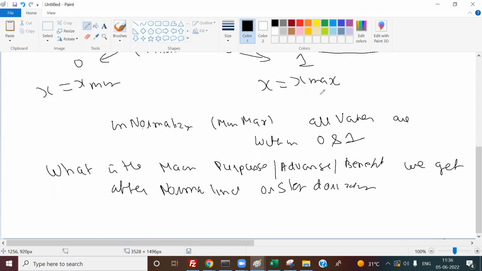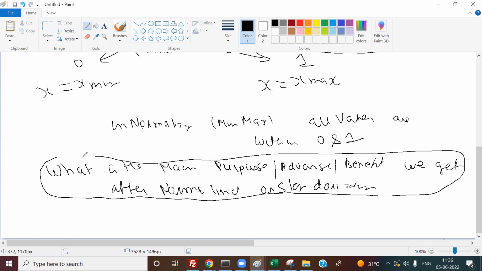If I want to do, I can apply this formula, but what's the benefit you achieve, or why do you wish to normalize or transform your data or standardize your data? सोचो. There should be no error.